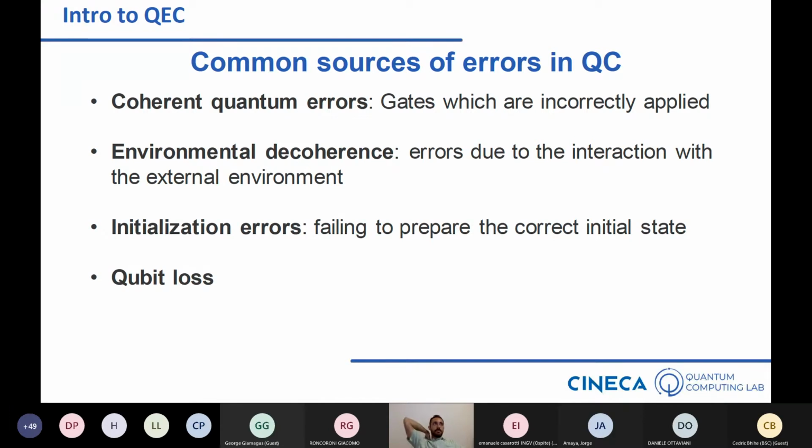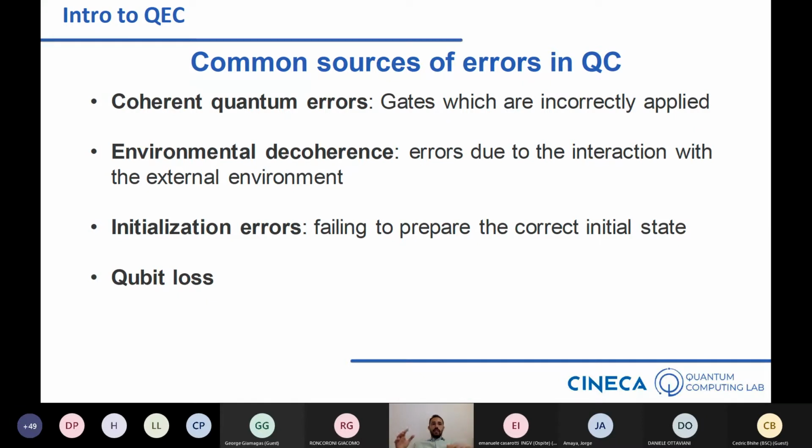One example is IBM or also Google, which have quantum computers of 50 qubits. Qubits are, as Daniele said, built using superconducting circuits, and they have to be very much isolated from the outside world.